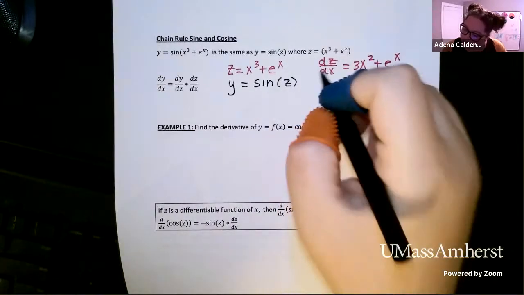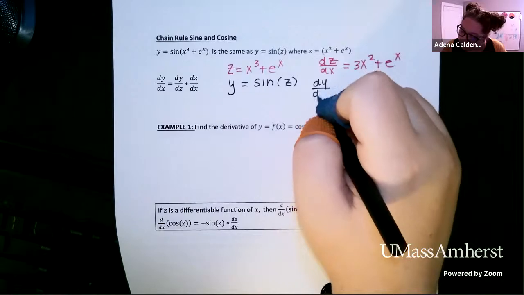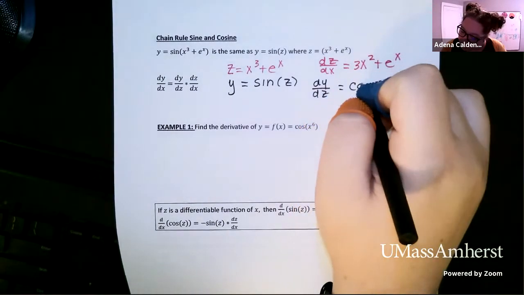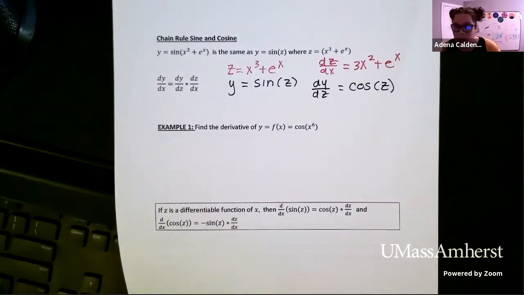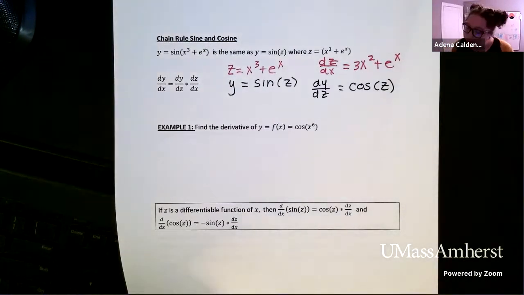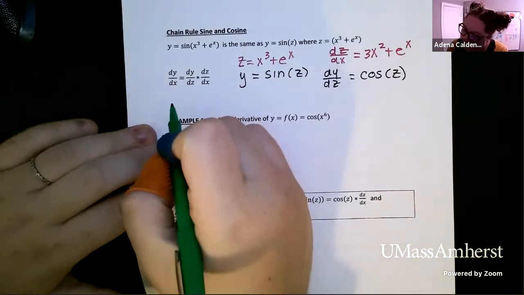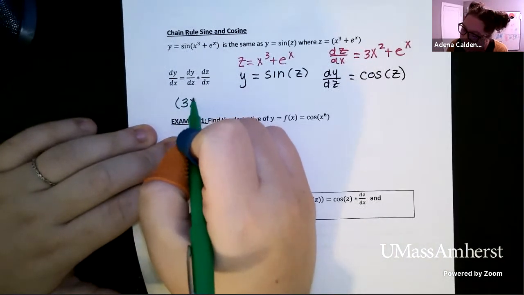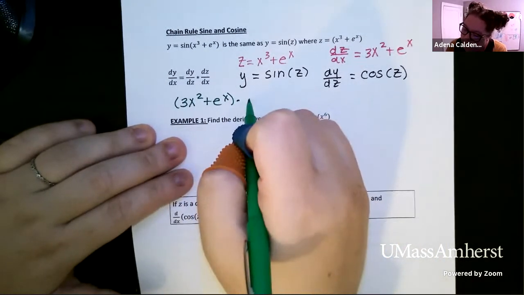The derivative of sine is going to be cosine. So dy dz is cosine of z. And then again, we're going to multiply our 2 derivatives together. And because the first term has more than one term, I'm going to use parentheses. So (3x squared plus e to the x) times cosine of z.